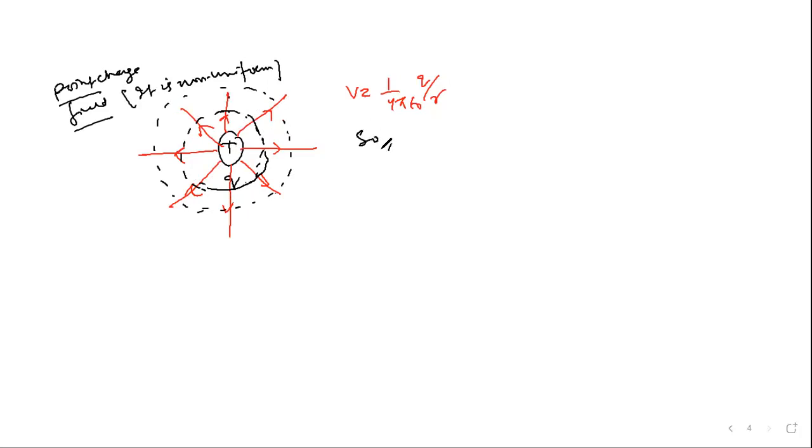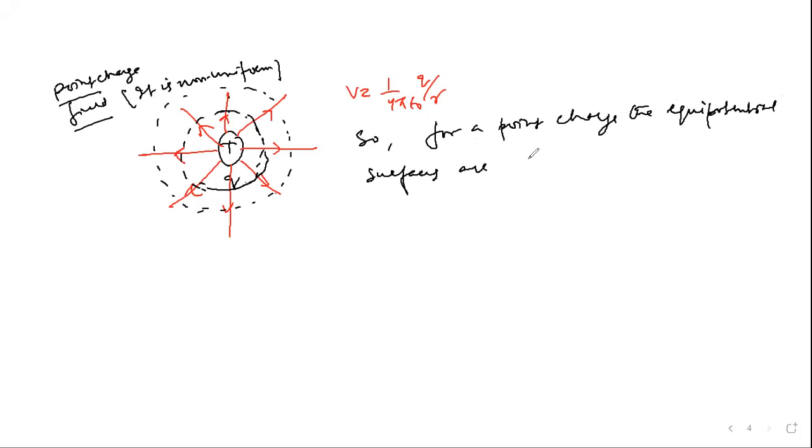So conclusion is, for a point charge, the equipotential surfaces are concentric spheres centered on the charge, right?